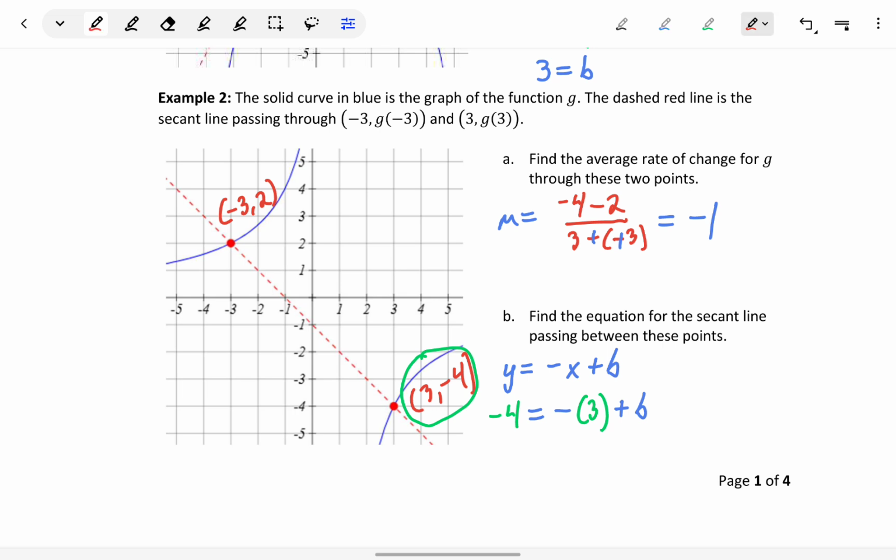We have one algebra step that we need to take here, where we'll add 3 to both sides to isolate b by itself, to get negative 1 is equal to b, meaning that the equation for the secant line in this case is y equals negative x minus 1.